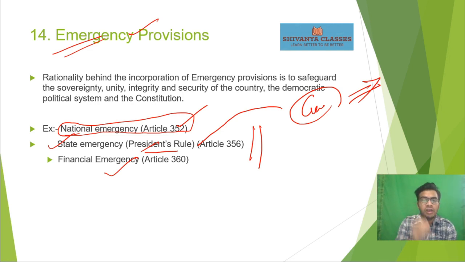Maybe 10,000. You cannot withdraw more than 10,000 from the bank because of the emergency situation. Suppose the president thinks government employees should take less money, so he will declare a cut in the salary. This is your financial emergency. Clear? Till now, fortunately, we have not had any financial emergency in our country.